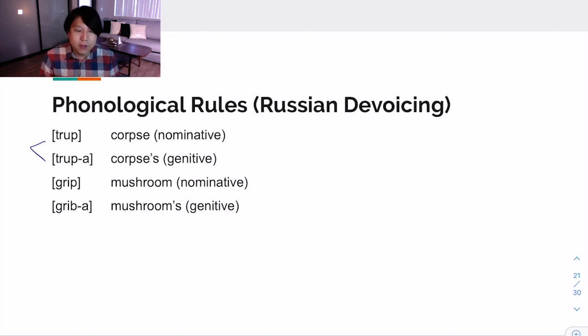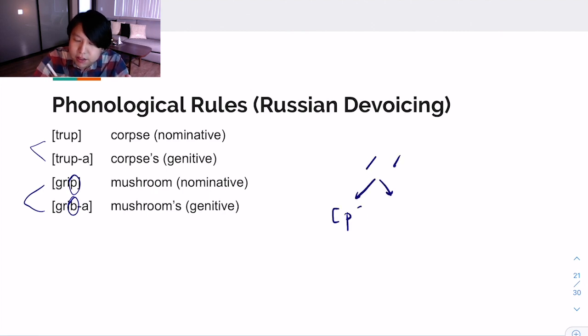There's no allophony going on here, but when you say mushroom, grip and griba, you can see that a single sound can appear as two different allophones, p and b. But we know that this is a single phoneme because it's coming from the same word, mushroom. So we have a hypothesis: there is a certain phoneme that can be realized as p and b.